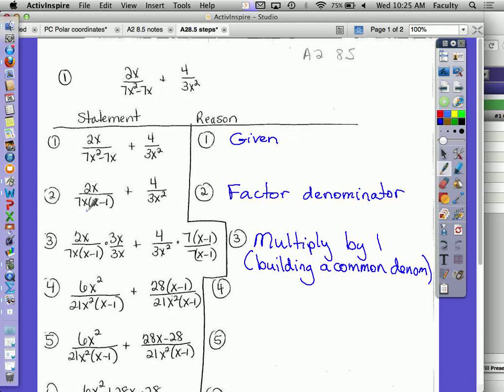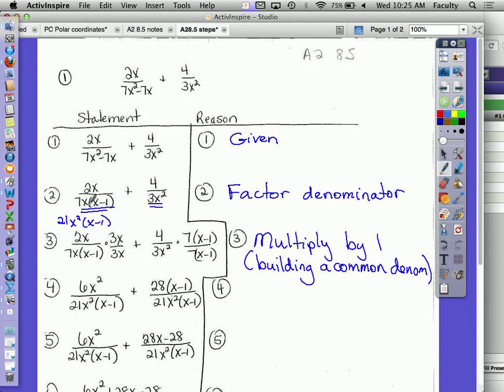Okay, so if you look at these two denominators right here, you're really asking yourself what would be the common denominator. Well, 7 times 3 is 21, and out of x and x squared, I only need an x squared. I don't need an x cubed, because x squared does the job. And then I've got the x minus 1.